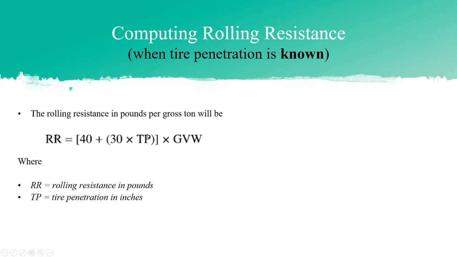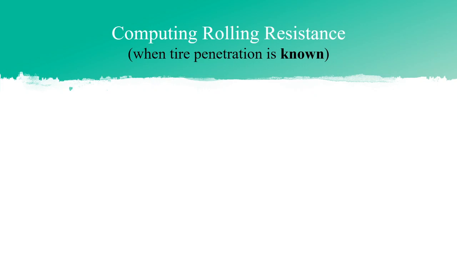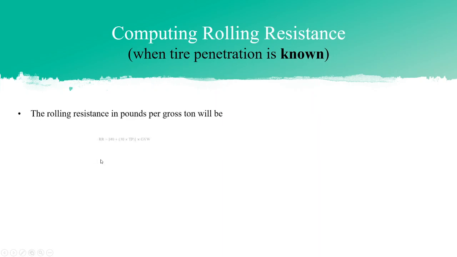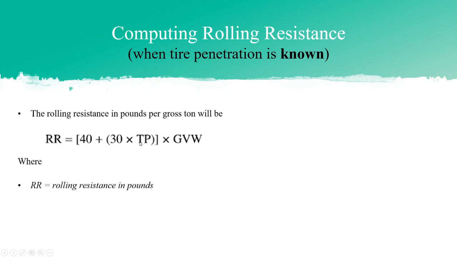So it is directly related to this, but what is this one? This one is gross vehicle weight, okay? Gross vehicle weight in US tons. So you might ask how the gross vehicle weight here had a reverse impact, and here it has a positive impact. So in fact, this is getting multiplied by the tire penetration, right?